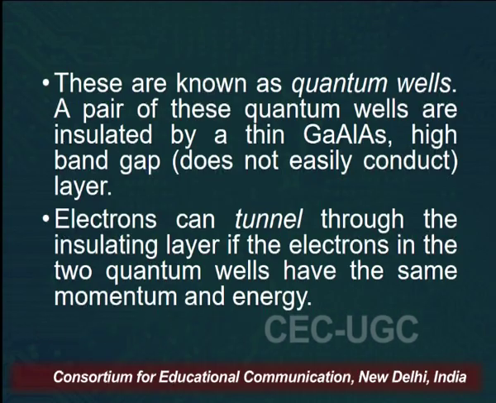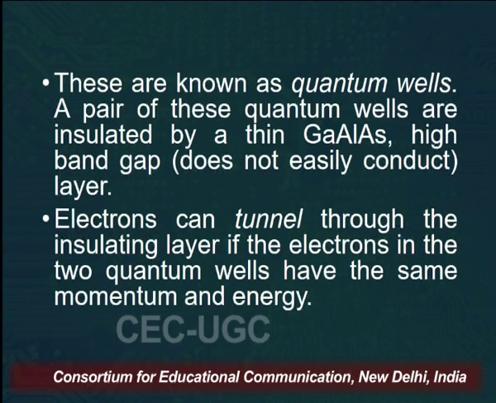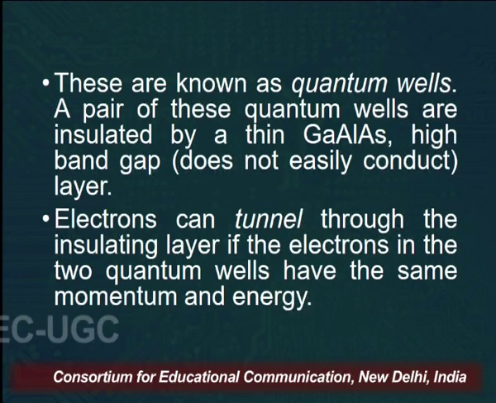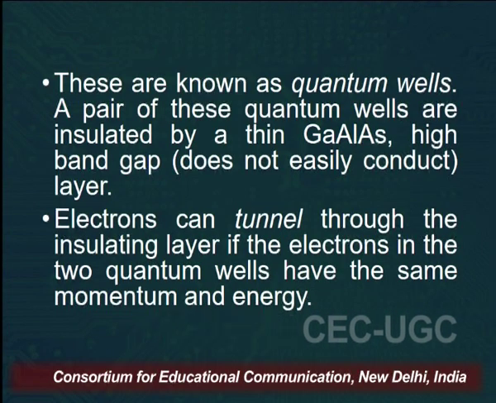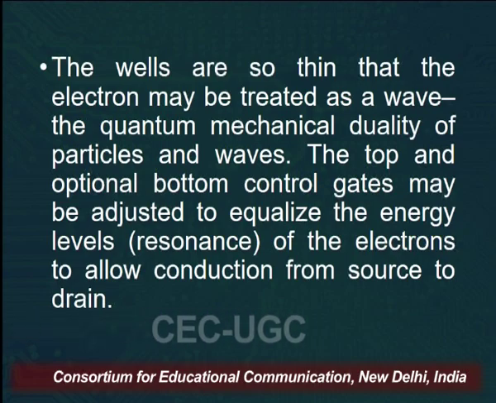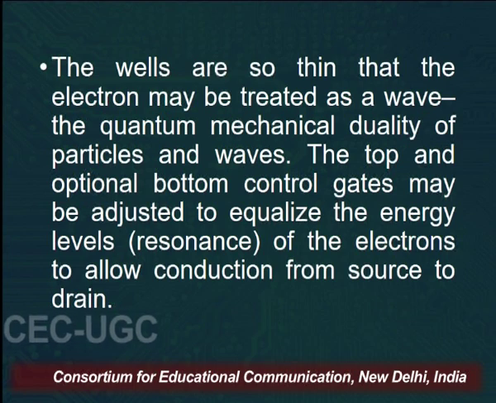So, a pair of these quantum wells are insulated by a thin aluminum arsenide layer, which has a high band gap and does not easily conduct. So, electrons can tunnel through the insulating layer if the electrons in the two quantum wells have the same momentum and energy. The wells are so thin that the electrons may be treated as a wave, and the quantum mechanical duality of particle and wave is possible.